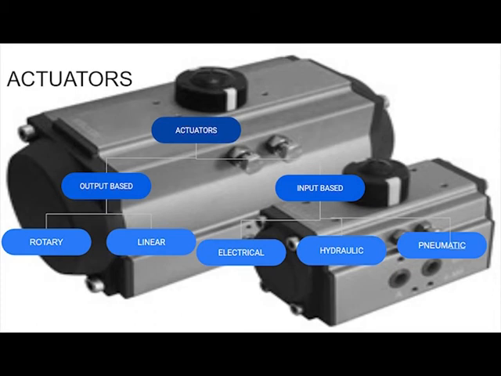An actuator acts as a transducer, converting the electrical energy from the source to mechanical energy. An actuator can be classified based on input and output modes. The output-based classification gives us two types of motors, namely rotary and linear.